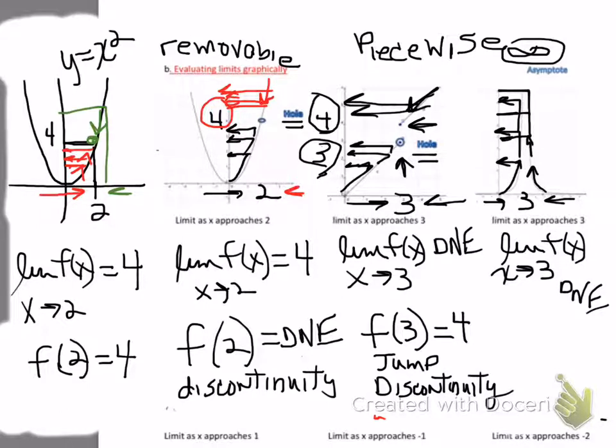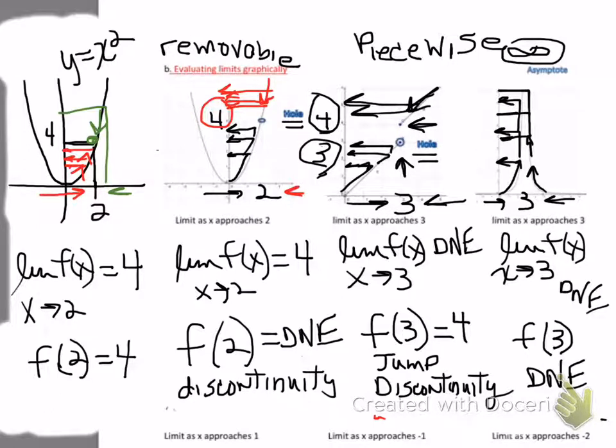What about the function value? Can I evaluate this function where x is 3? No, you can't. The function does not exist at x is 3 because I have the asymptote there.